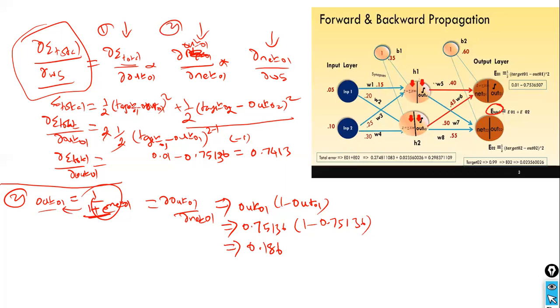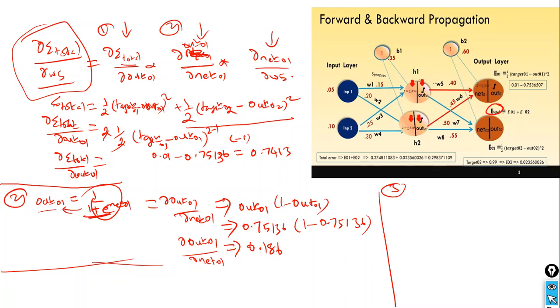So next one is this one, the dou net O1 by dou W5. So this is your dou out O1 by dou net O1. We are done with this. Dou out O1 divided by dou net O1, we are done with this. Second part is over. Okay. The next one is the third part.